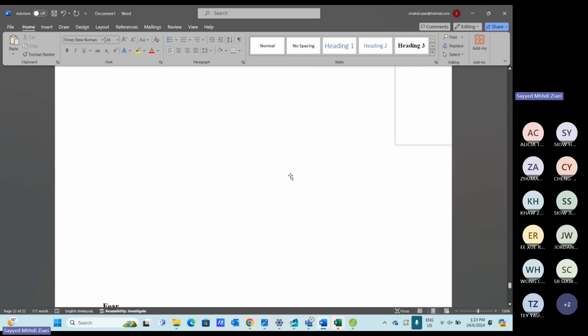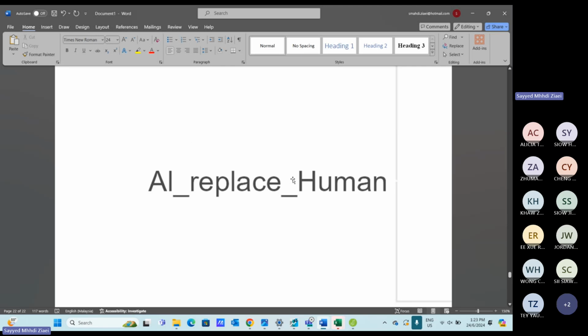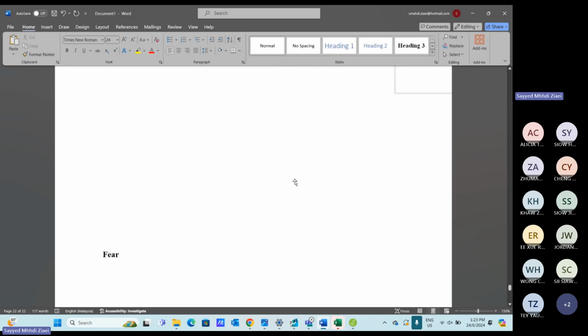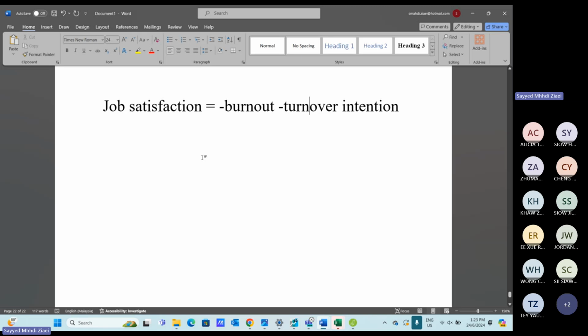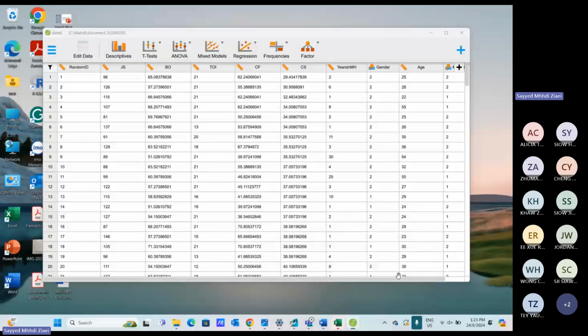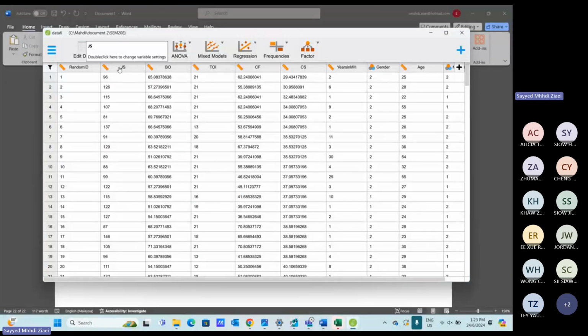Okay, so the previous example was for e-commerce, the first example was for finance students, and this one is for IBU students, on job satisfaction. If you check this data set, you can find GS for job satisfaction, BO for burnout, and TOI for turnover intentions.